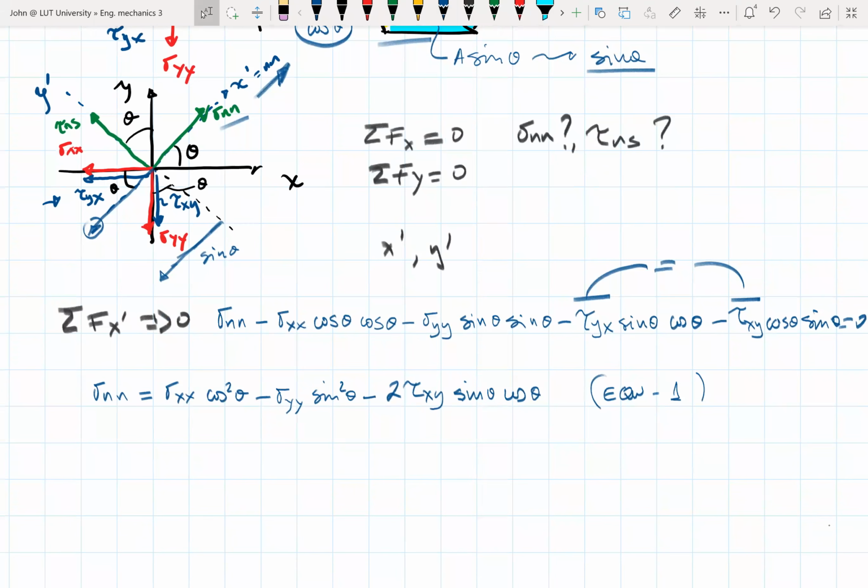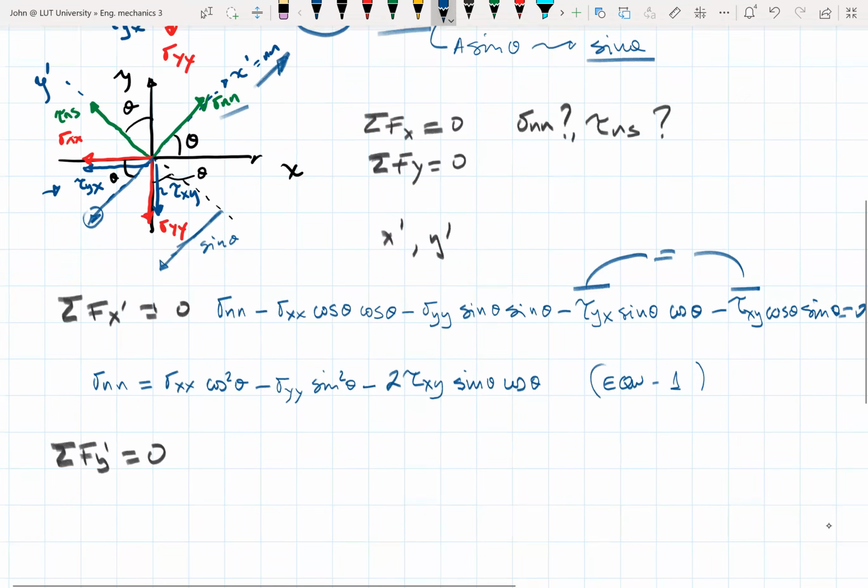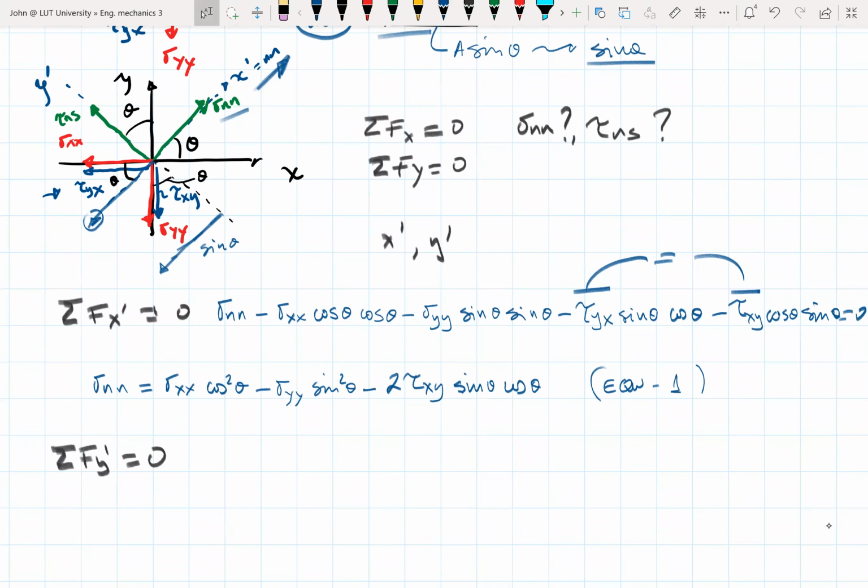Now let's formulate the equilibrium for the other direction, y prime. That is, the sum of forces in y prime should be equal to 0. In the y prime direction, let's start with the same: I would have tau n s, plus sigma x, which is applied on an area of value cosine of theta.